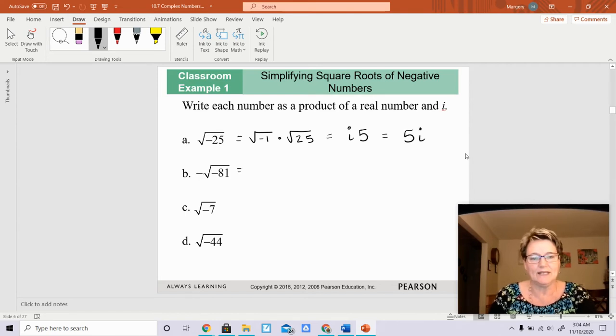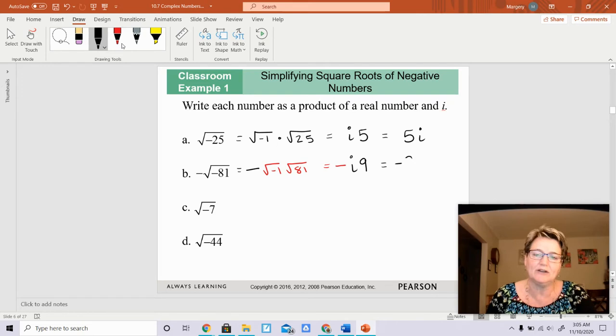Now this one here, we have a negative on the outside, and then we have the square root of -1 times the square root of 81. Remember, the negative on the outside has been there from the beginning. The square root of -1 is i. The square root of 81 is 9. That looks weird, so we're going to rearrange it a little bit. It's going to be -9i.